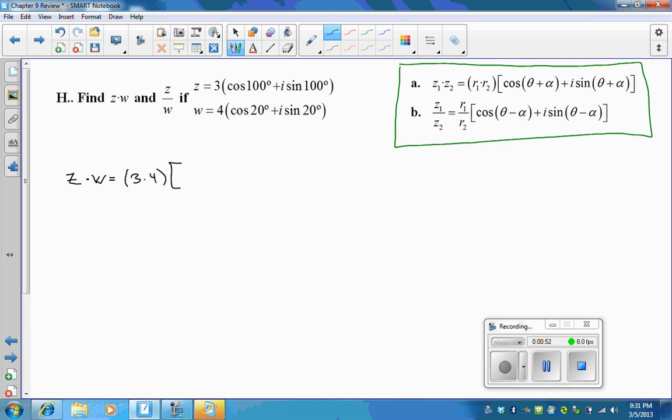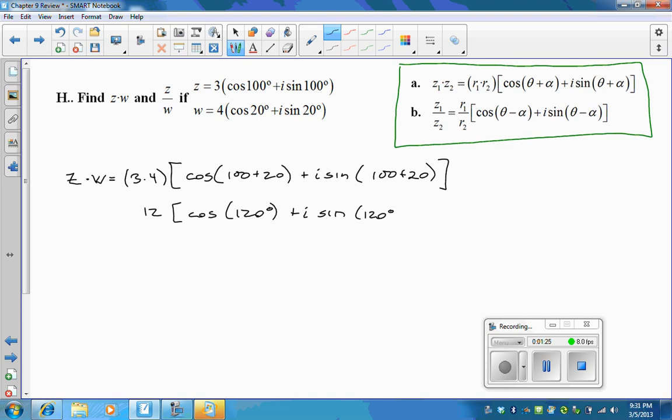And then the cosine of, and then you add the two angles, so 100 plus 20 is 120, and then plus I sine of 100 plus 20. That would give you 12 times the cosine of 120 degrees plus I times the sine of 120 degrees. And so there's your answer for Z times W.